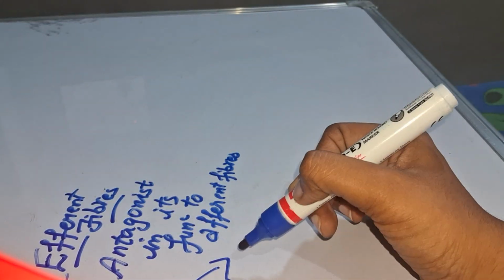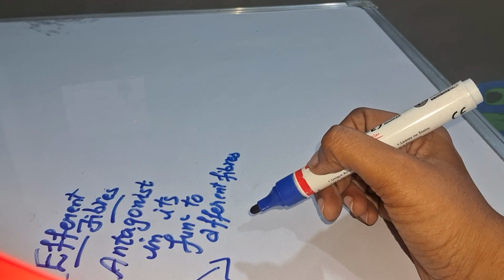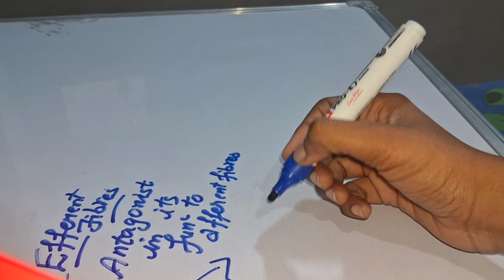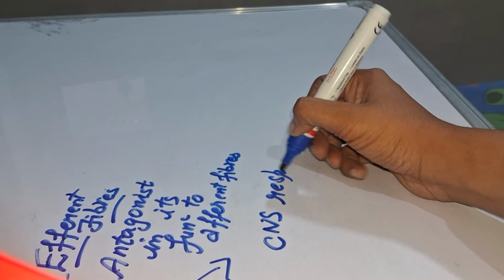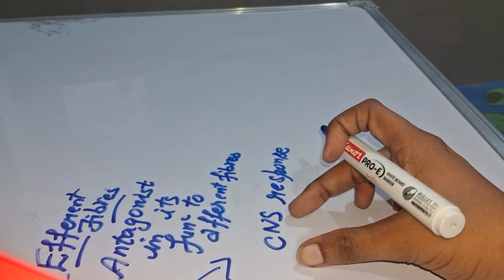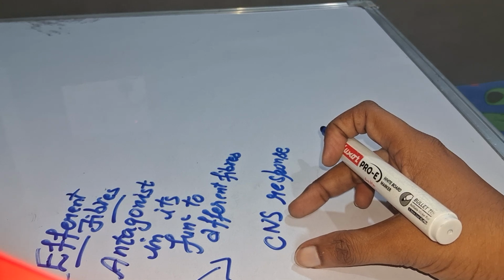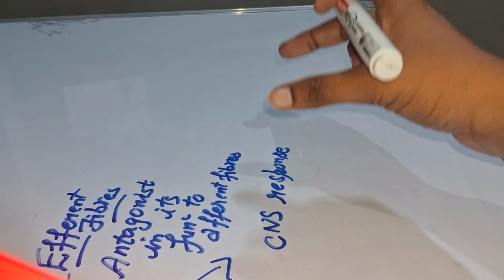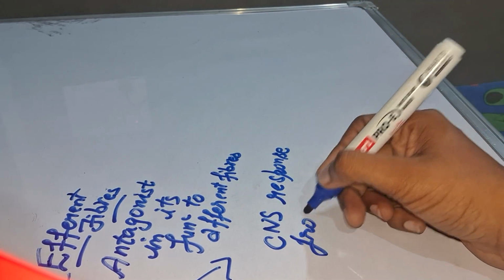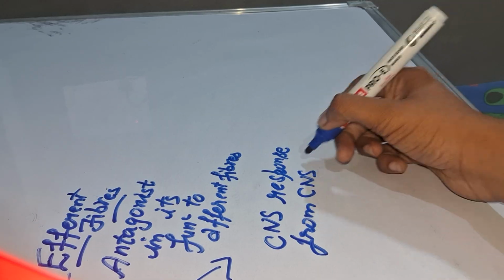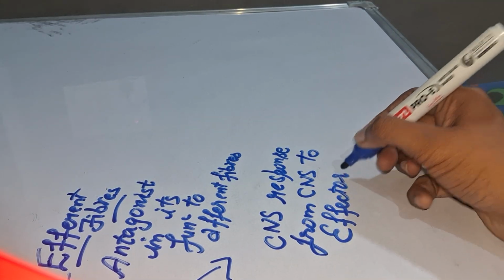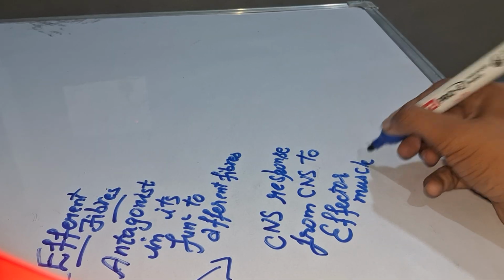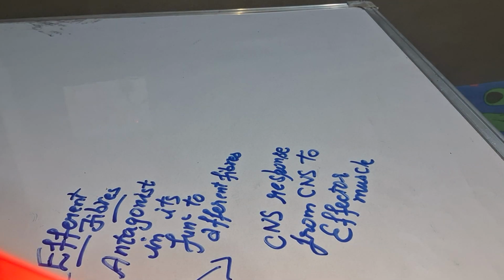Basically, efferent fibers, the central nervous system responds to a stimulus. The central nervous system processes and detects a stimulus, then the response from the central nervous system to our effector muscles is carried or transmitted through the efferent fibers.